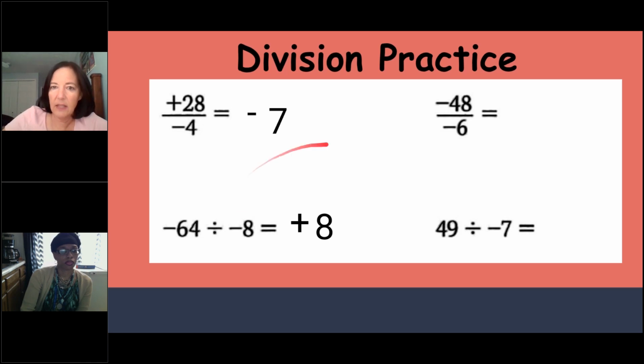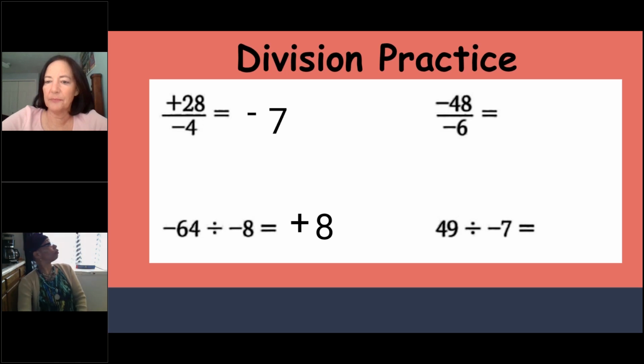And negative 48 divided by negative 6. Is our answer going to be a positive or a negative? It's positive. Nice, sure is. So negative 48 divided by negative 6, what does that equal? 8. It does, positive 8.